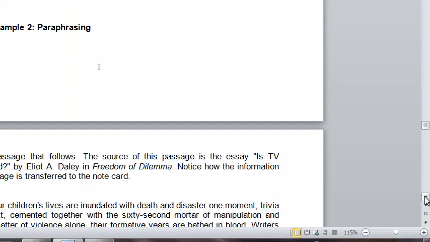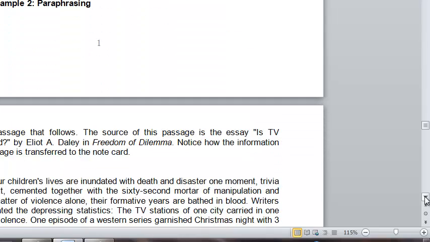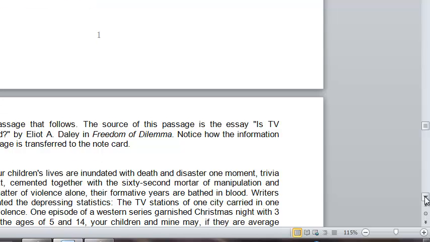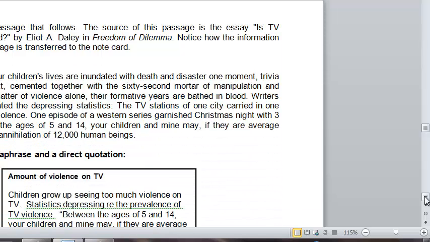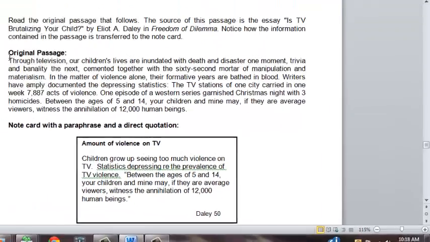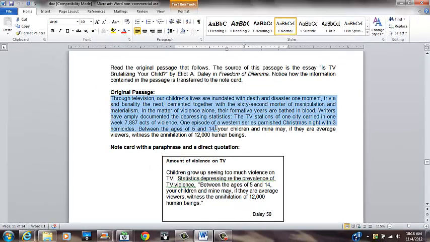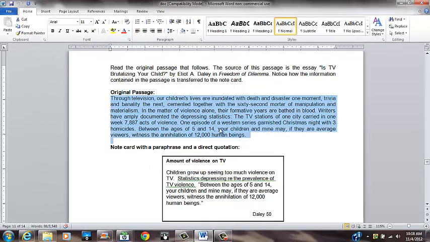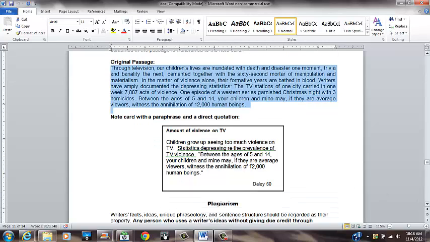The next thing I want to look at is paraphrasing note cards. In this section, what we have for you is a paraphrasing example. So here's an original passage, and I'm not going to go through and read this only because I know all of you have this research guide and you can do that on your own. And then here's a note card with the paraphrase.